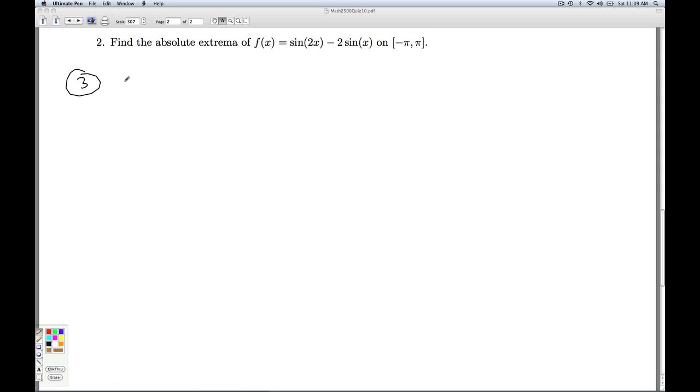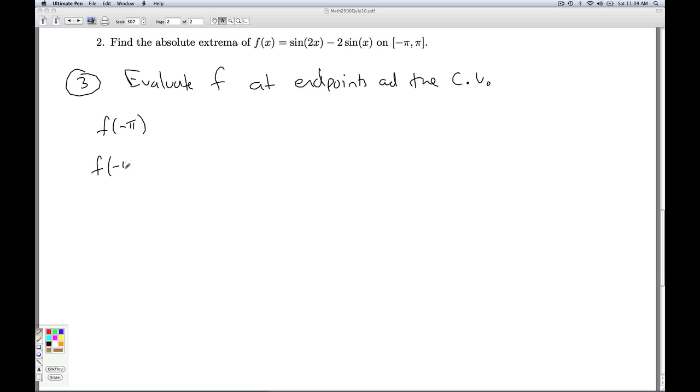So now at part 3 we're going to evaluate f at the endpoints and the critical values. So I need f of negative pi, f of negative 2 pi over 3, f at 0, f of 2 pi over 3, f at pi.